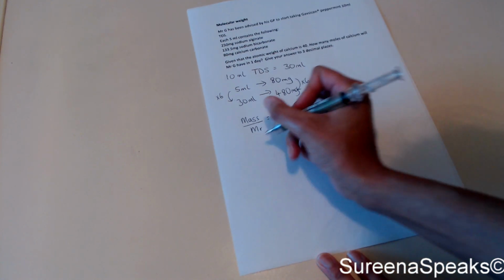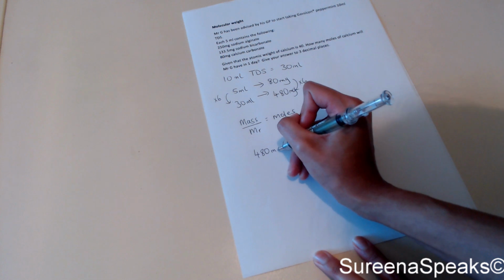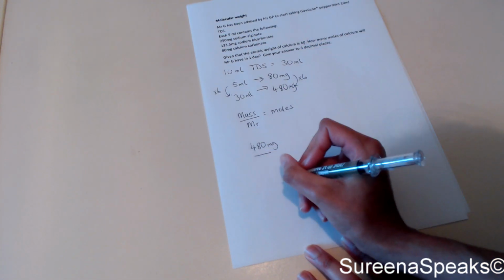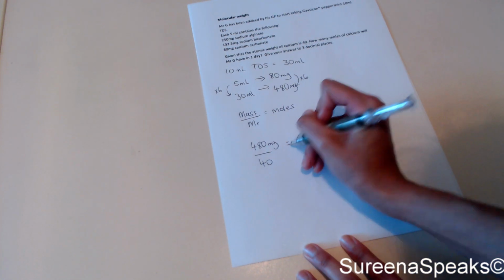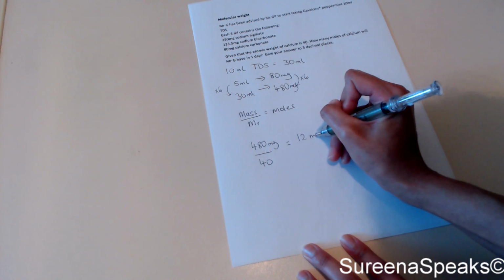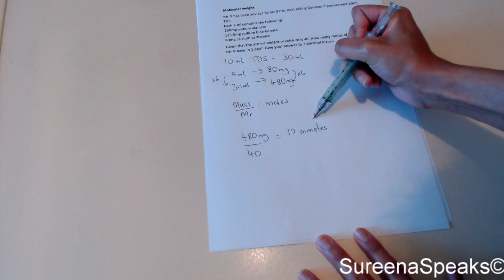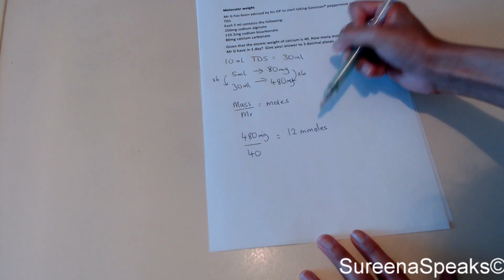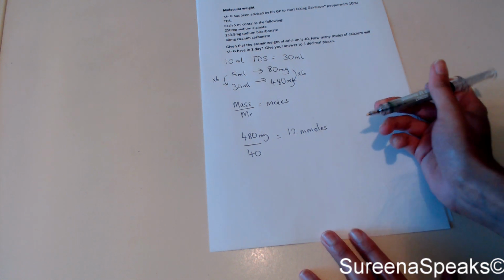So with that in mind, we can keep that mass as 480 milligrams. We can divide by our atomic weight of calcium, which is 40, and that's going to give us 12 millimoles, not moles. If this was in grams, this would give us moles. This is in milligrams, so this is giving us millimoles. Therefore, to convert from millimoles to moles, we divide by 1,000.